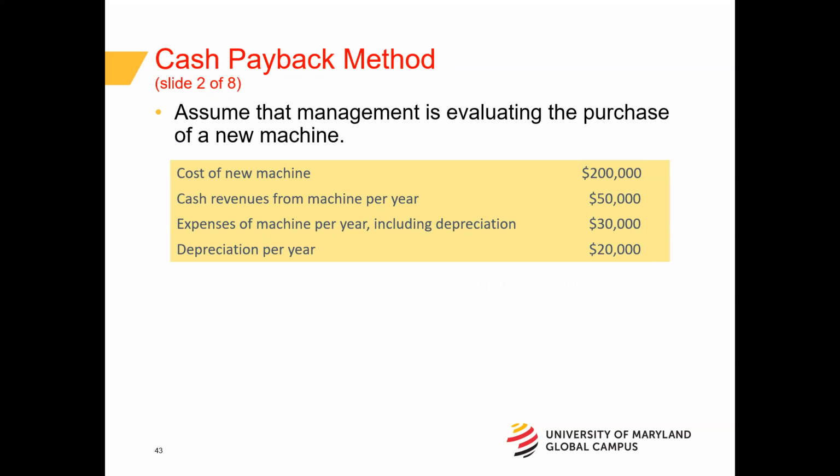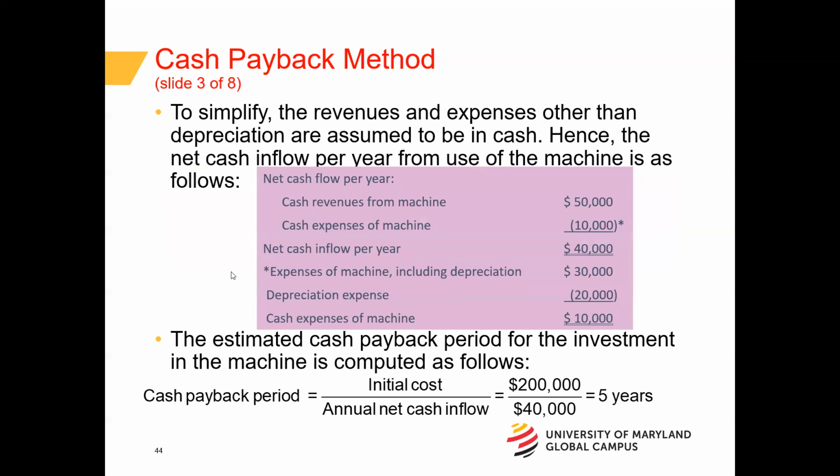Okay. In our example, we're looking to purchase a piece of machinery. The cost of the new machine is $200,000. Cash revenue from the machine per year is $50,000. Expenses of the machine per year, including depreciation, is $30,000. Depreciation per year is $20,000. Okay.